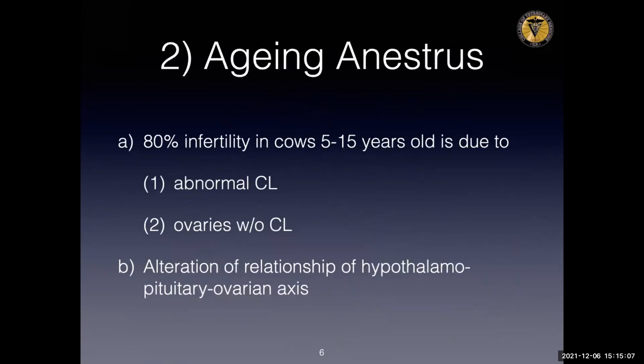Now for the aging, you are given here the age range where the animals, mostly cows, are starting to have problems with their ovaries, 30% for infertility.